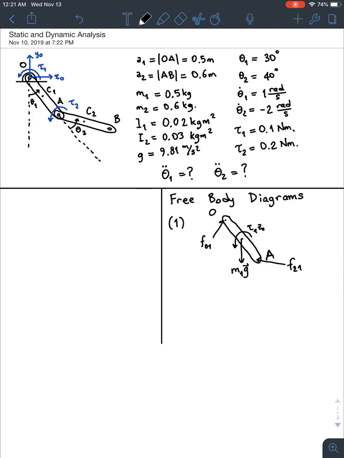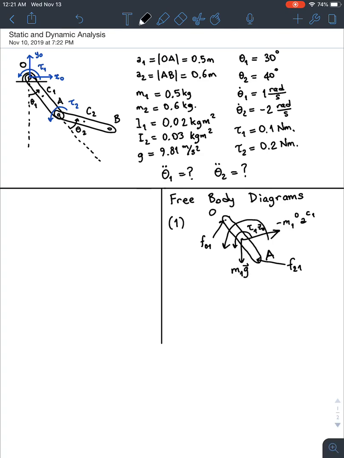But we also have inertial forces and torques, right? Inertial force would be in some direction that we don't know. It's going to come out. It's M1 times the acceleration in the zeroth frame of the center of mass. And then the inertial torque, or inertial moment, acts about the center of mass.